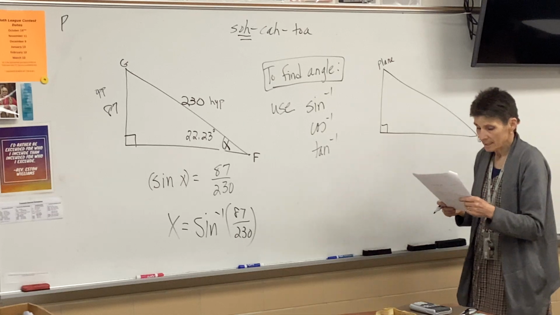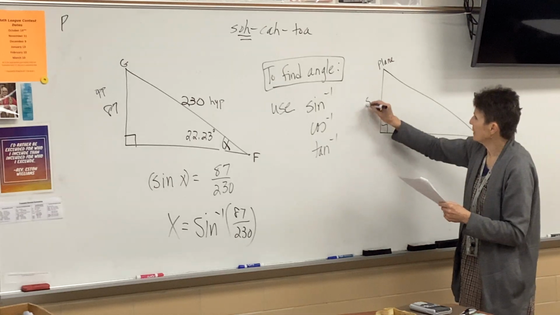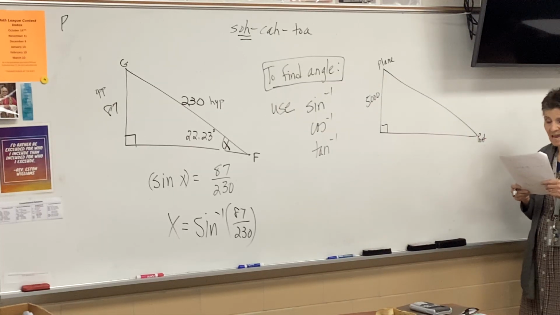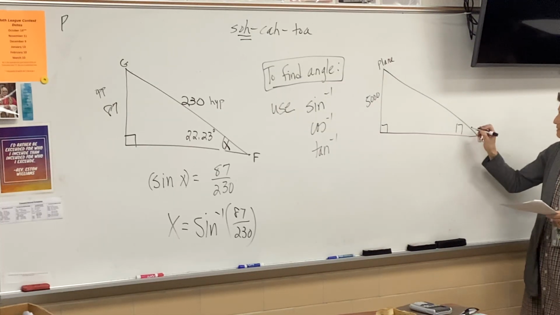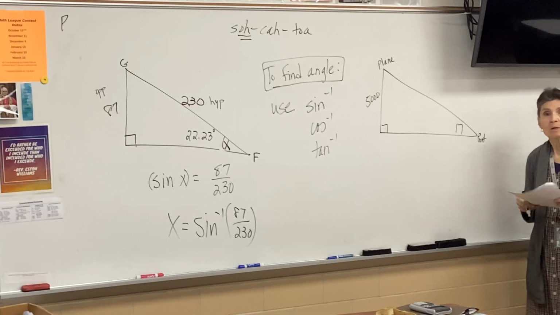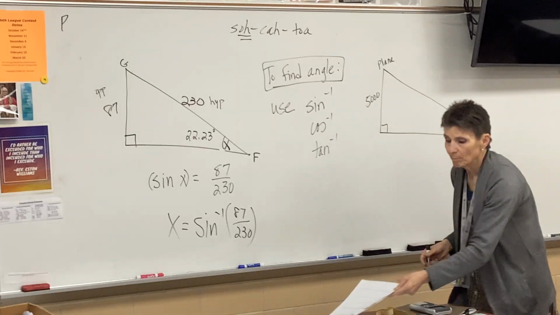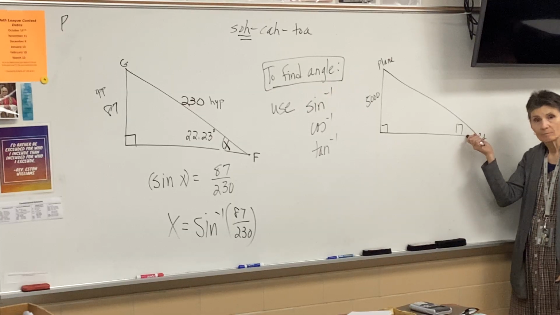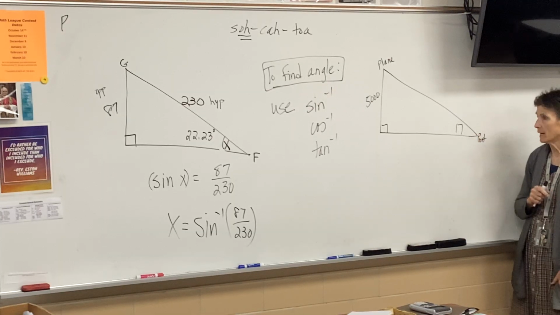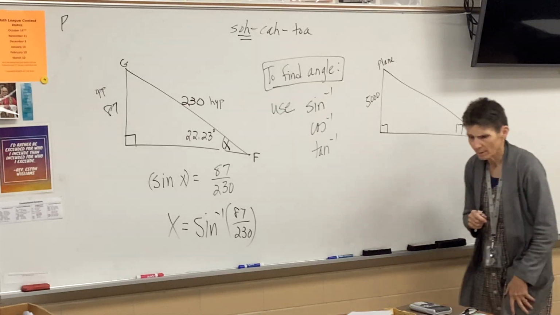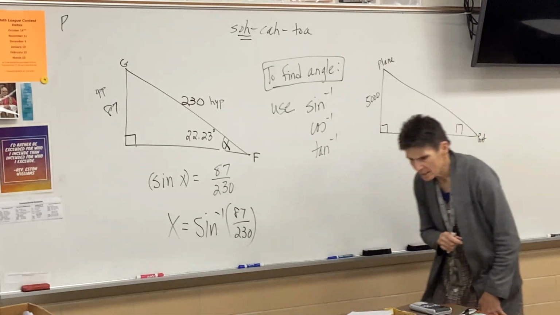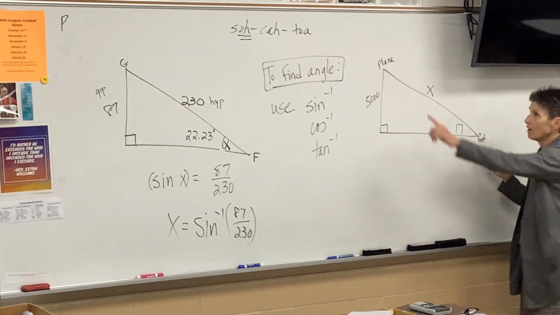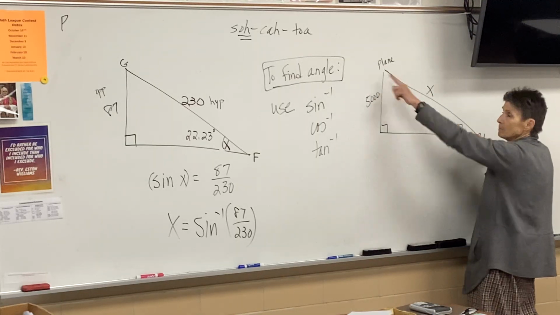The airplane is currently 5,000 feet above the ground, and the angle of depression is 17 degrees. Remember, we're always putting our angle of depression or elevation right here. Okay, what am I looking for? How far is the airplane from the airport? That would be that right there.